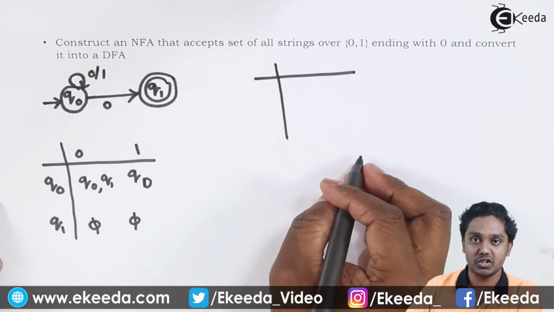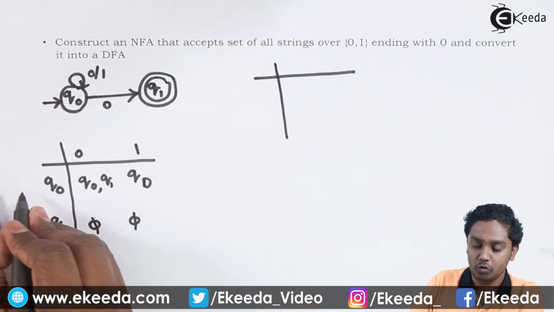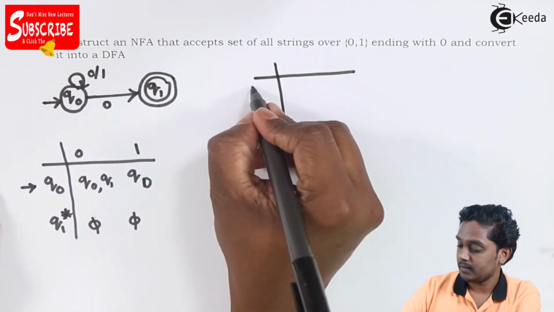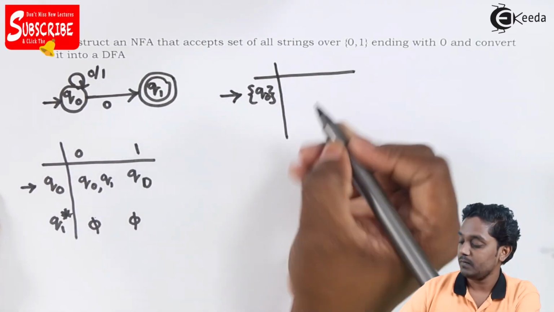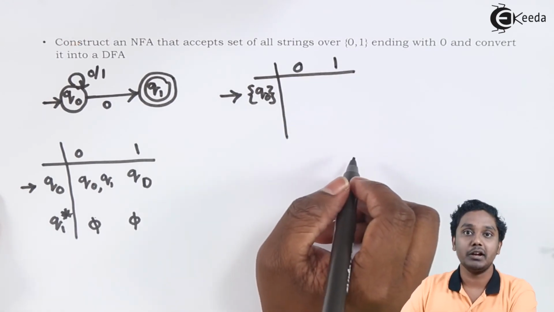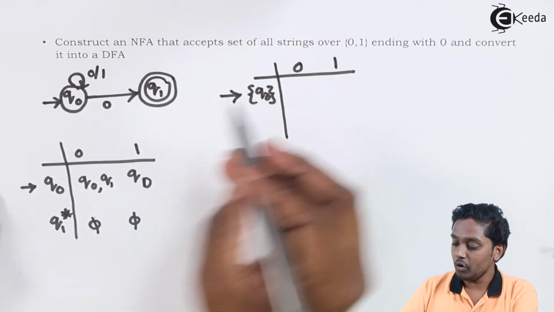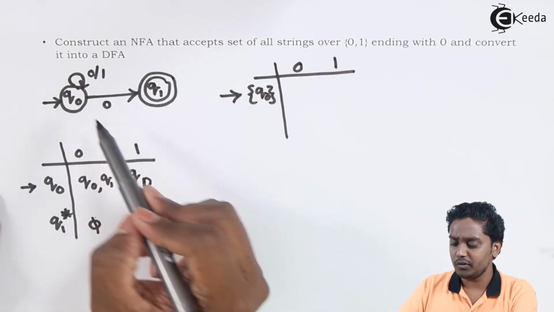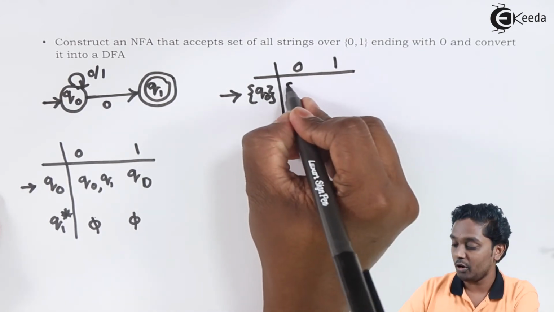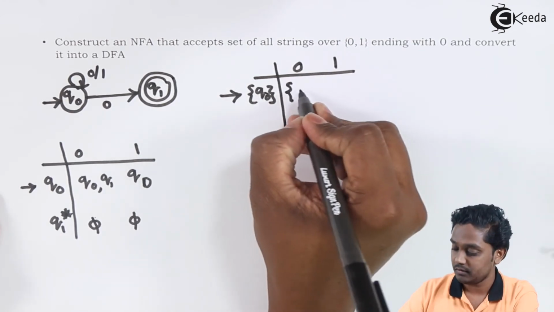We have to start with the initial state. Here Q0 is the initial state and Q1 is the final state. As and when we encounter a new state, we will enter that into the table. Q0 on 0 has a transition to both Q0 and Q1, so we will form a new state Q0, Q1.